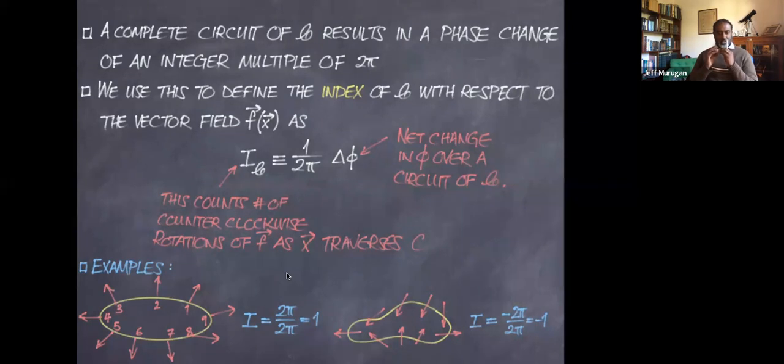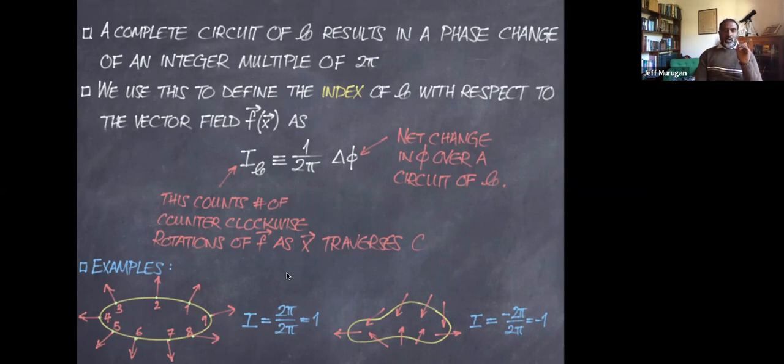Here's a vector field, and I've taken the liberty of labeling the points on the vector field: 1, 2, 3, 4, 5, 6, 7, 8, 9 as I go along. So the vector field is given to me. The curve C, which is the yellow ellipse there, is given to me.